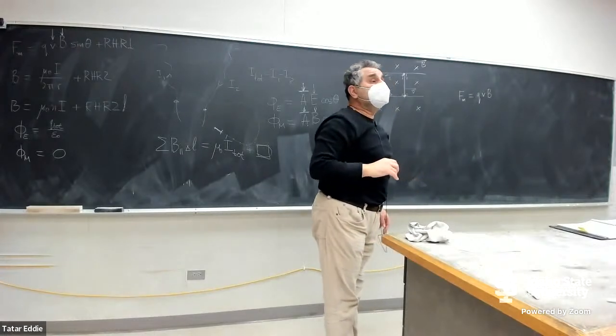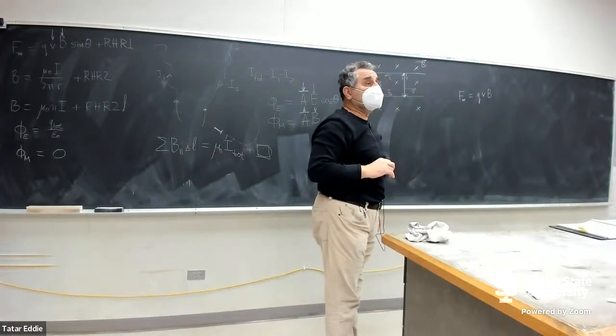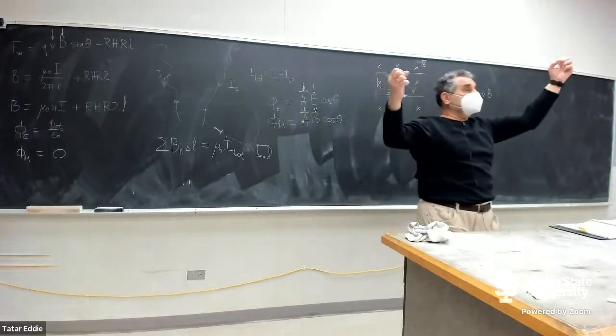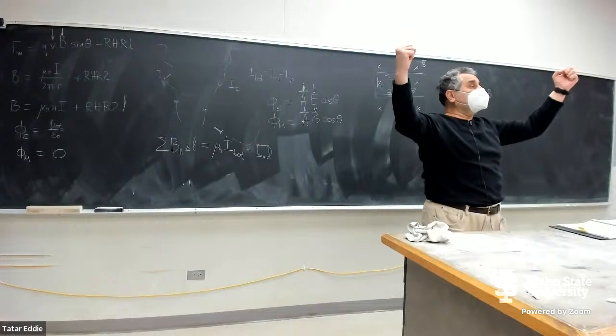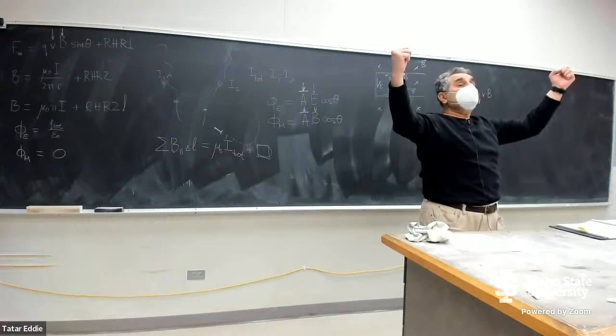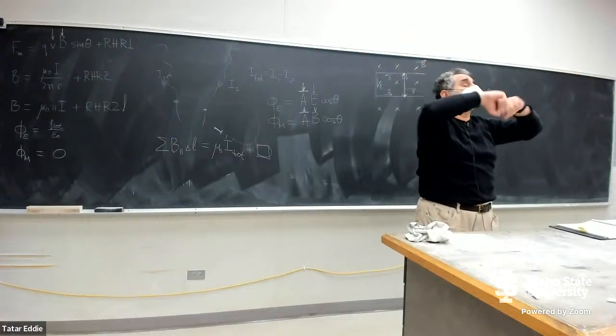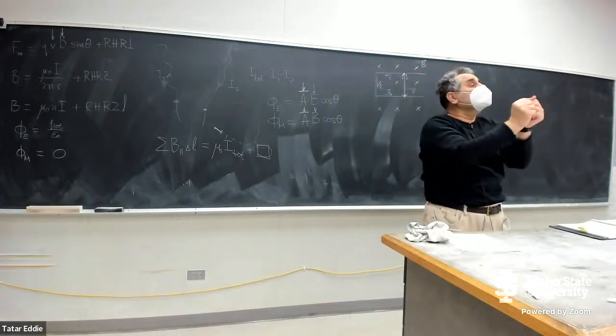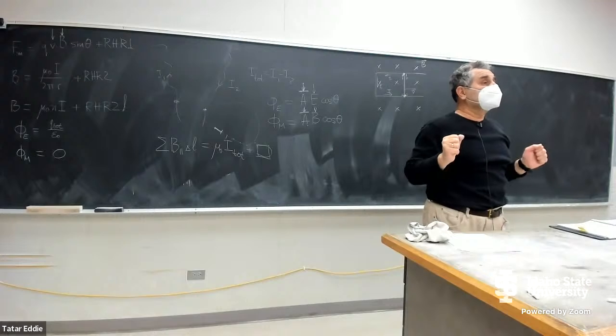Now look, on the other hand, if you have positive electric charge here and negative electric charge here, you have an electric attractive Coulomb force that wants to put them back together.